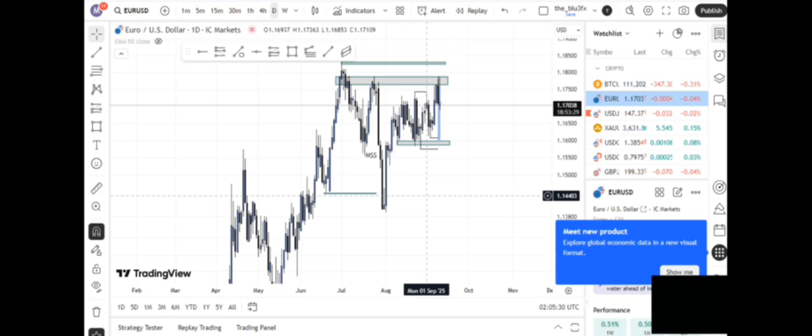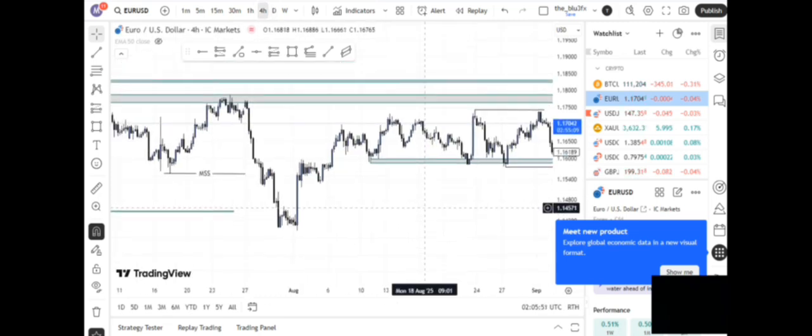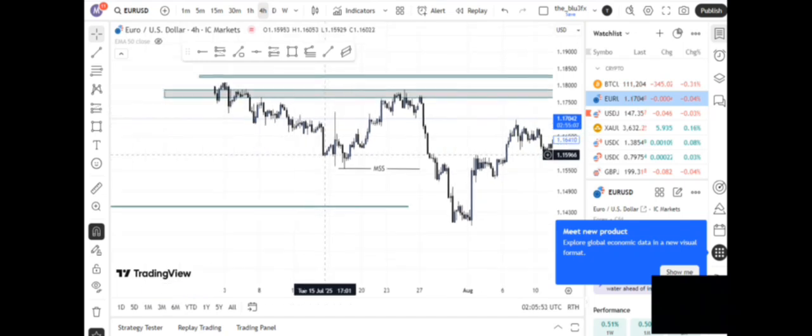And from what I say, if you notice that this is a resistance, from that resistance is where you find your order blocks, your fair value gaps, all those things. So what I do is go to my H4 and mark out my order blocks.